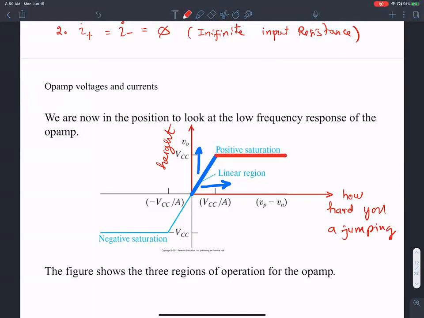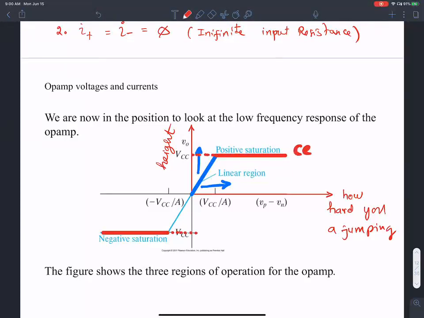You cannot go any higher than the positive power supply. That is where you'll begin to saturate. You can't go any higher, even if you're only going to hurt yourself. The same thing happens on the negative side. You cannot go below the negative power supply. You can only go as low as the floor.